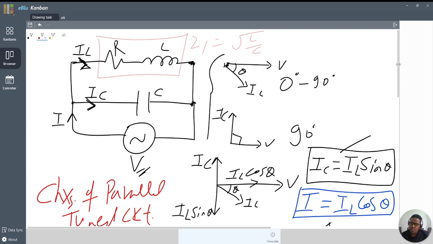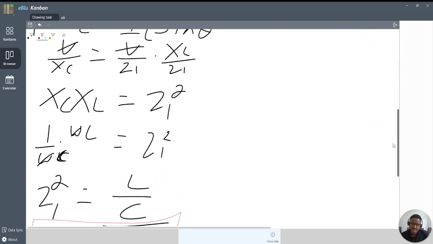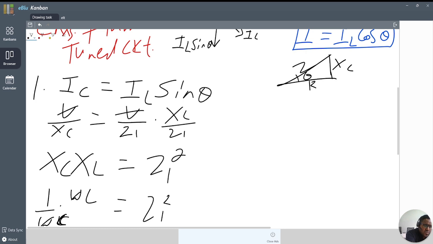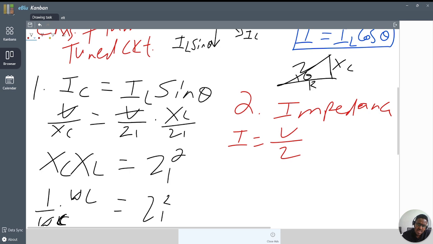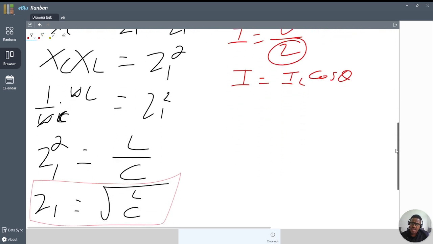Now we need the total impedance, or dynamic impedance. That is the second parameter. Simply by Ohm's law, I equals V over Z. To find this Z, we use I equals IL cos theta. From this equation we get the total impedance, the whole dynamic impedance.